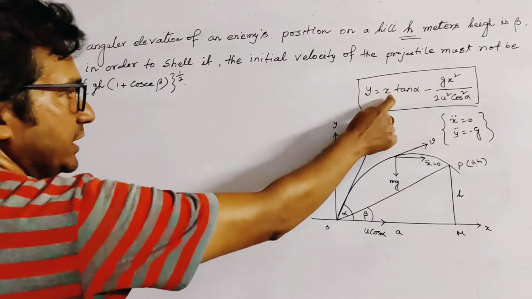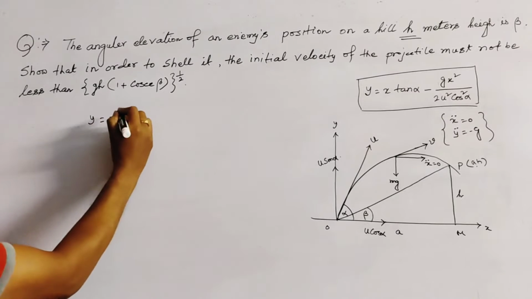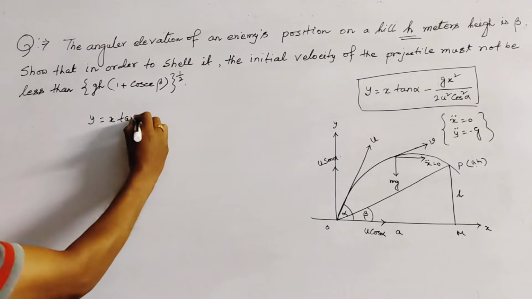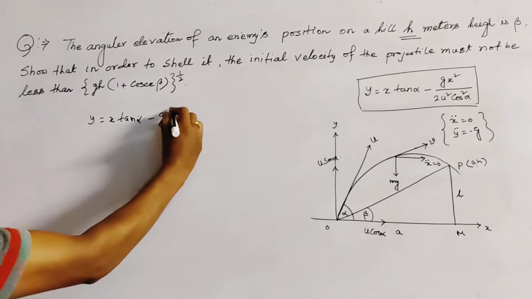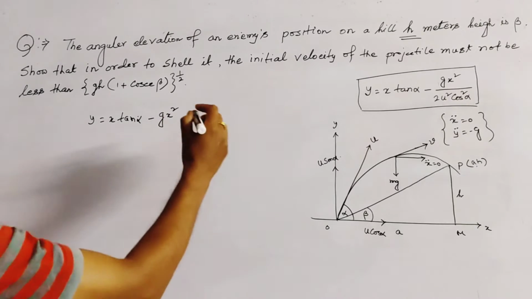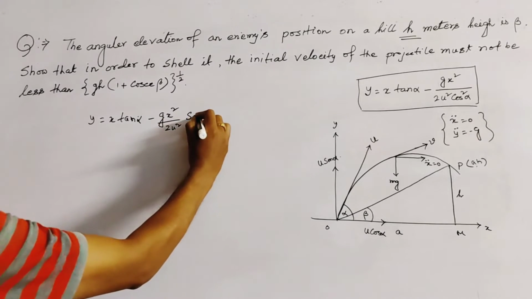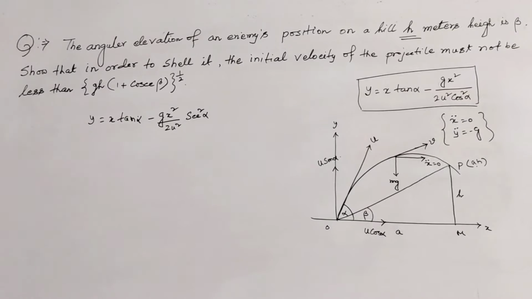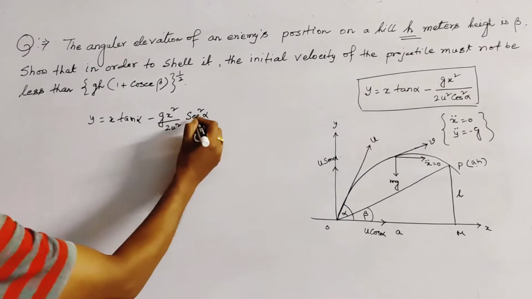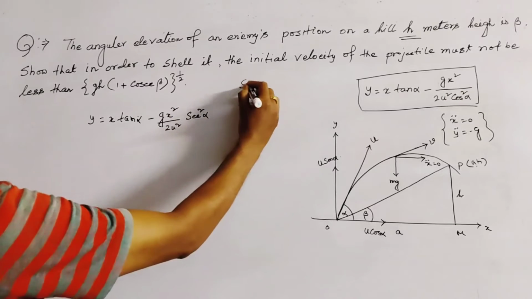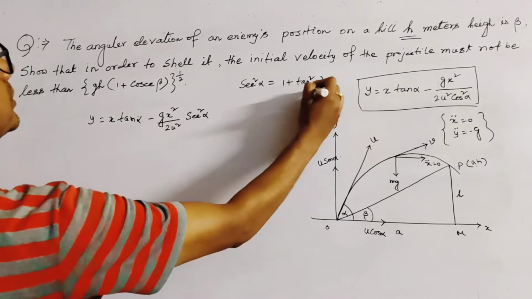From the path of the particle, y equals x tan alpha minus g x square by 2u square into sec square alpha, and we put sec square alpha as 1 plus tan square alpha.